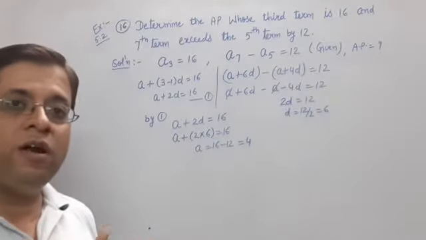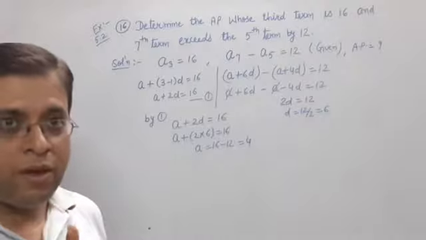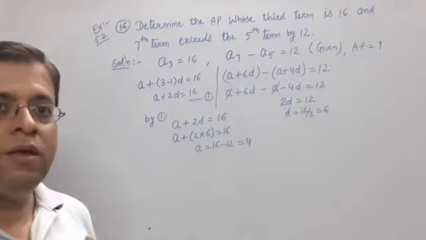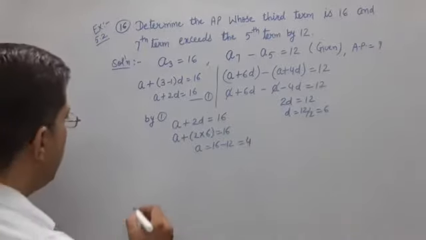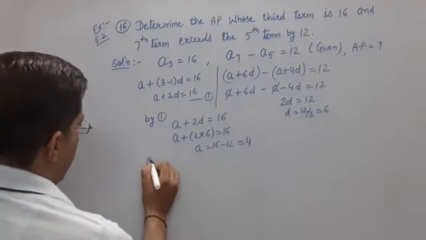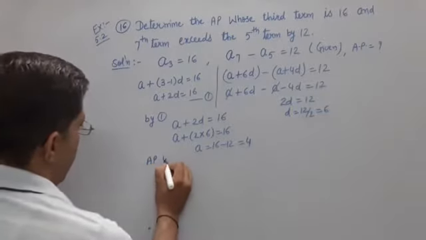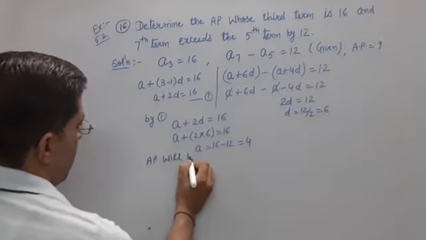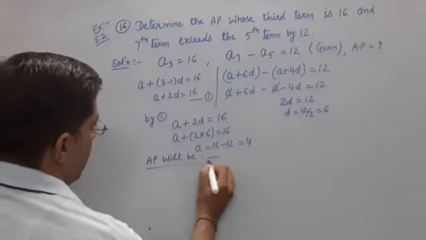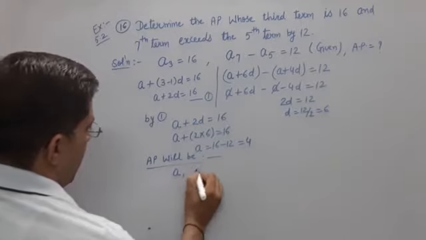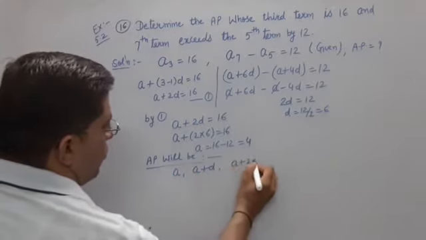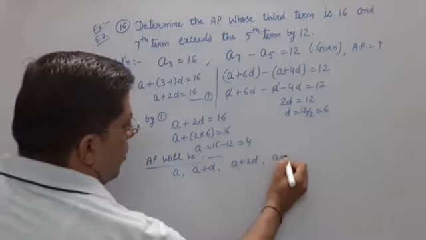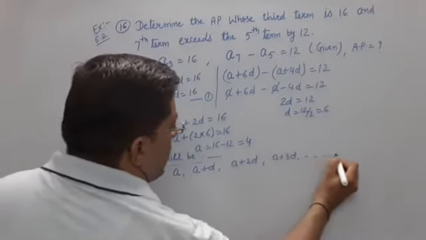Then what is the general form of AP? A, A plus D, A plus 2D, A plus 3D, and so on. Now see, the AP will be A, A plus D, A plus 2D, A plus 3D, and so on.